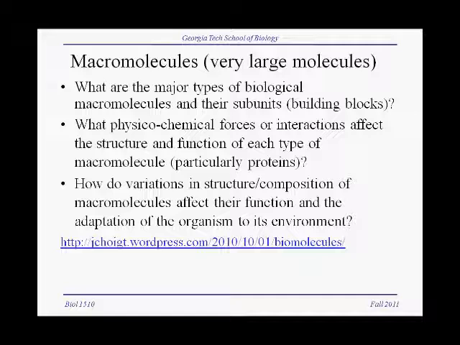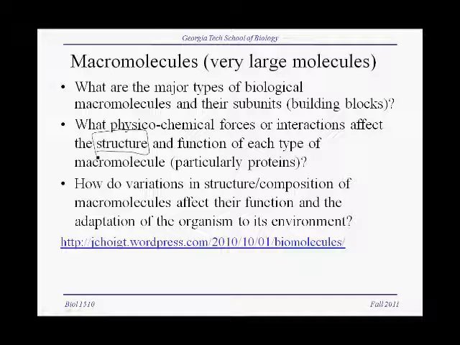The function of these macromolecules depends very much on their structure. So understanding what causes these different macromolecules to assume the exact precise shape required for the function is important.